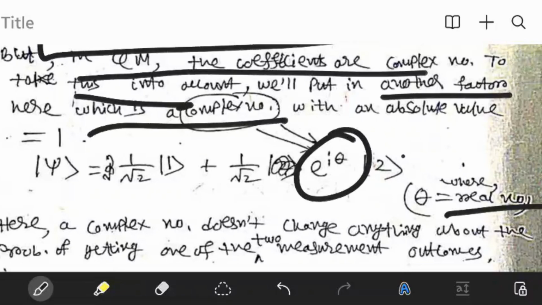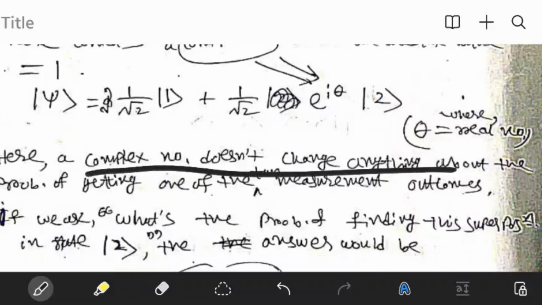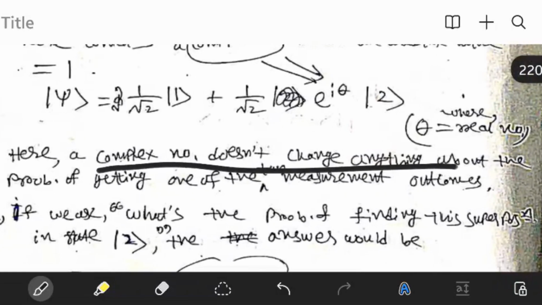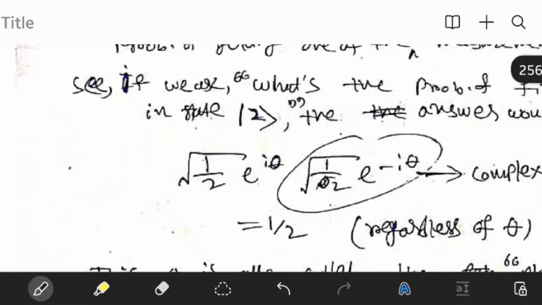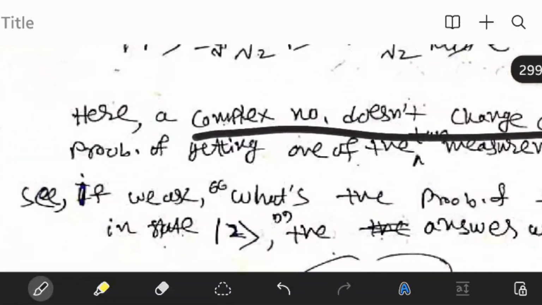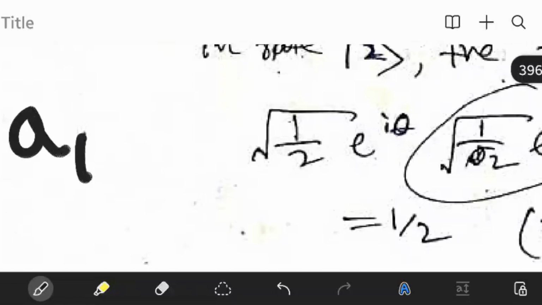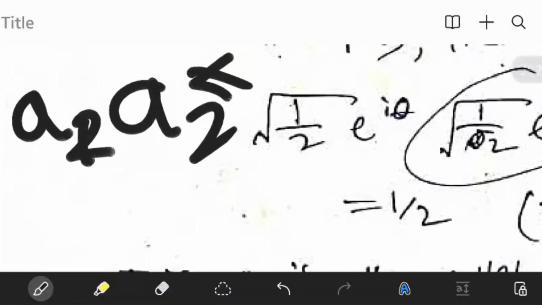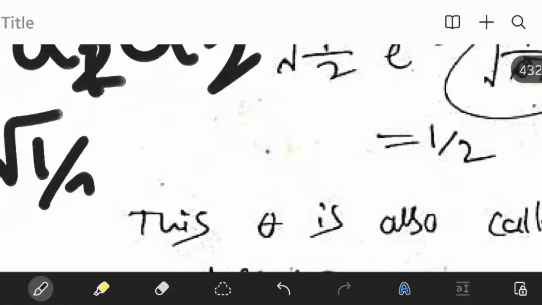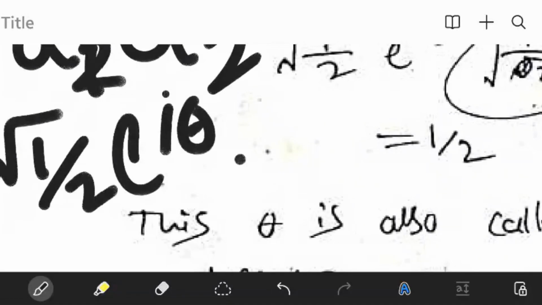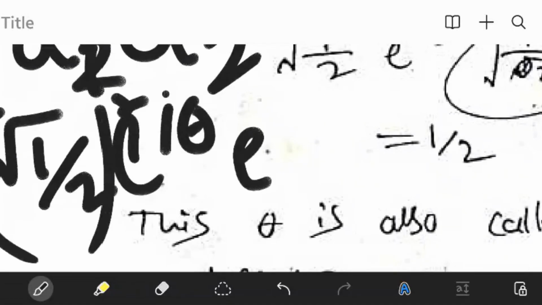And how is it so? Why are we introducing a complex entity? Think about it. Introducing a complex number doesn't change anything about the system or about the probabilities, because when we are to get the probabilities, say for the case 2, we will take a2 star, which in the case of a complex number will be this thing squared, and e to the power minus i theta.